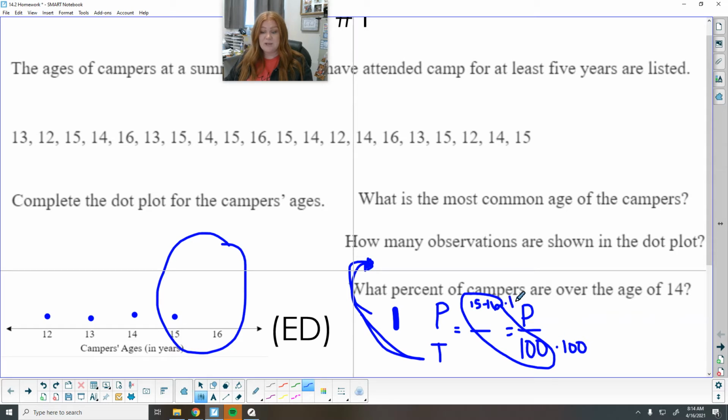So times 100 times 100, and then divide by the total number of campers, which gives us our percent.